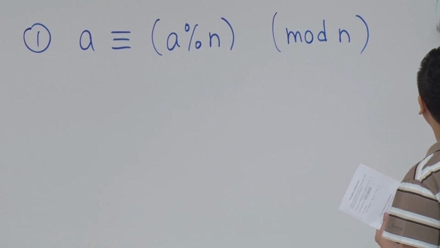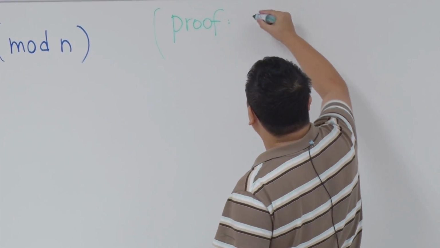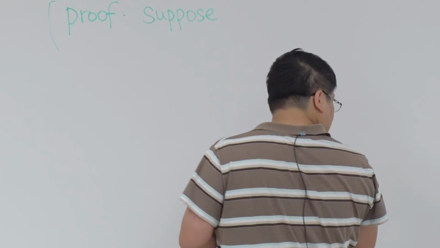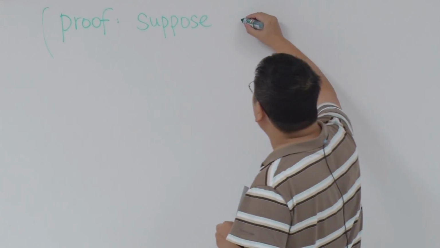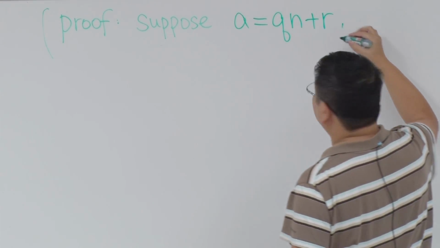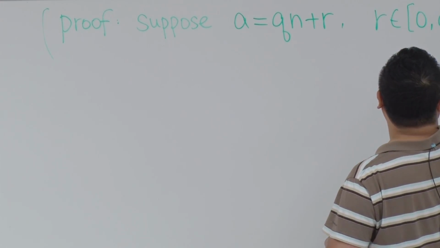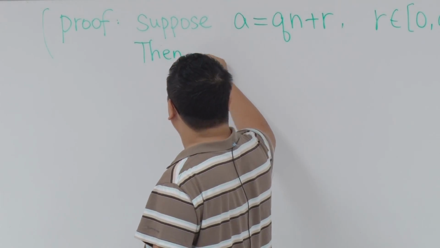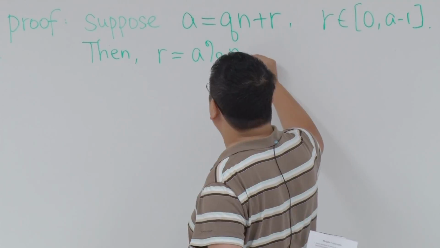So the proof is, suppose we can write down A as some Q times n plus R, with R an integer between 0 and n minus 1. Then R is, by definition, the value of A modulo n, right?